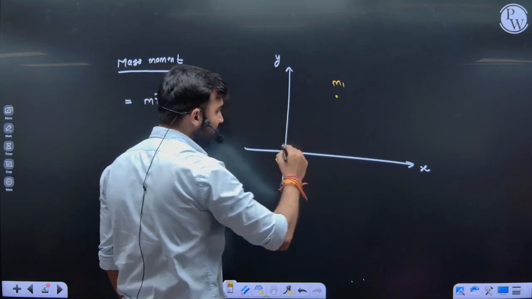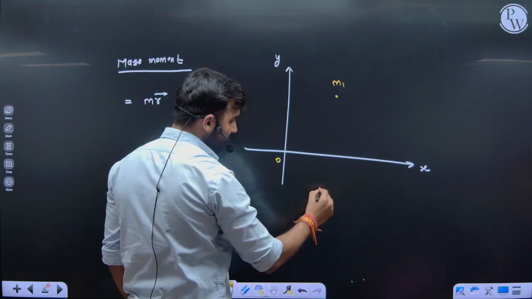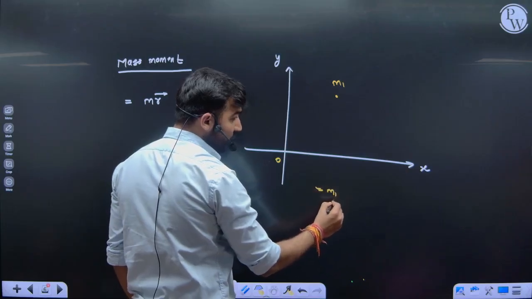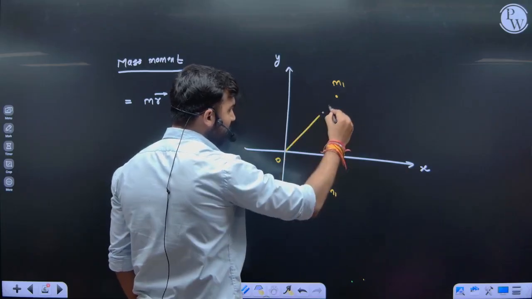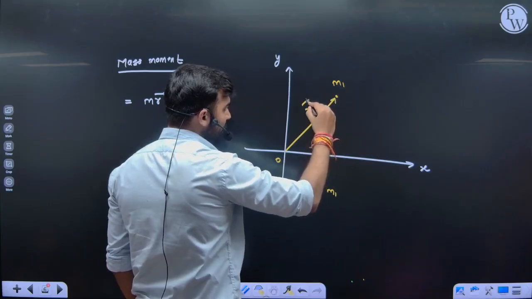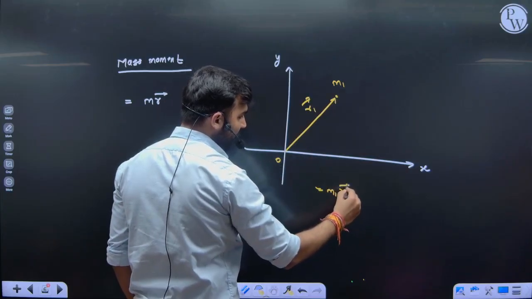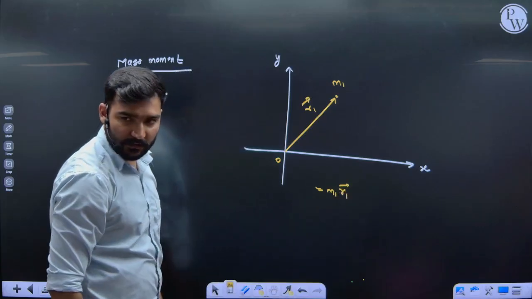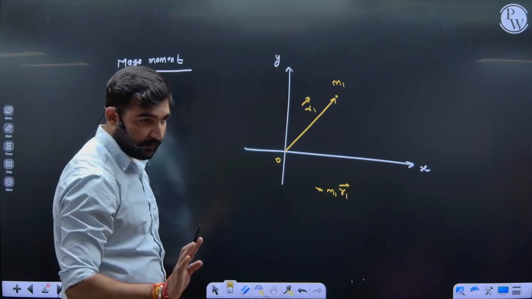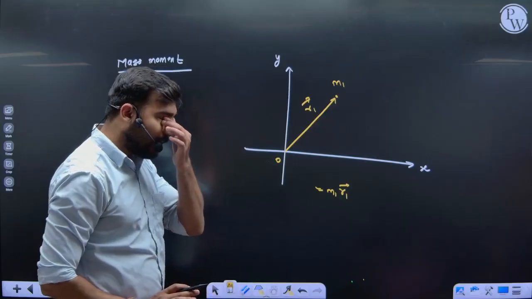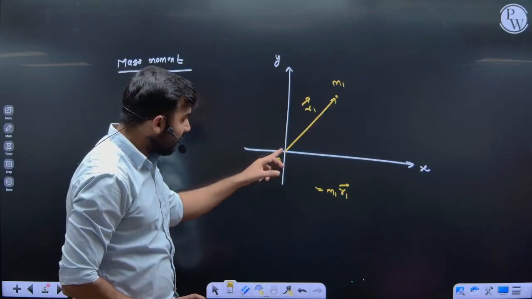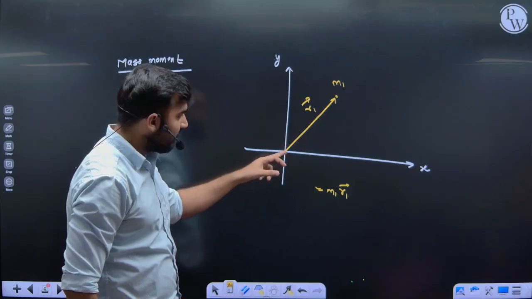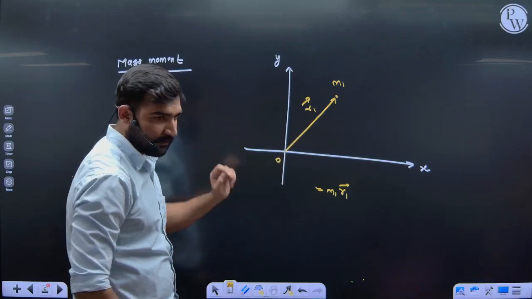So m1 into the r vector, r vector meaning from here to the origin, let's say r1 vector. So m1 r1 vector is the mass moment. It depends upon the position. If you are writing from this origin, you write m into r1 vector.